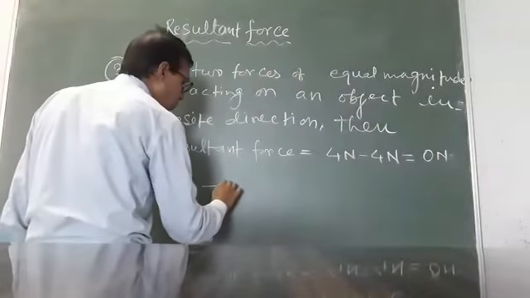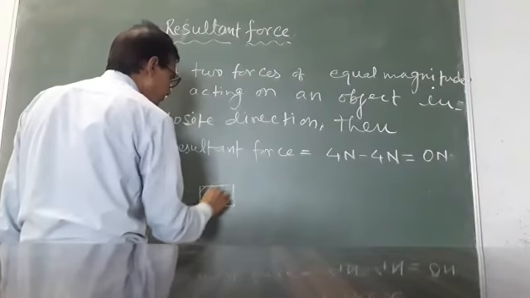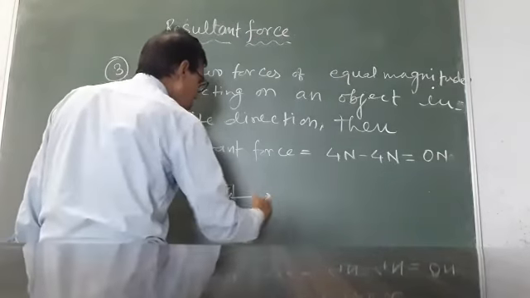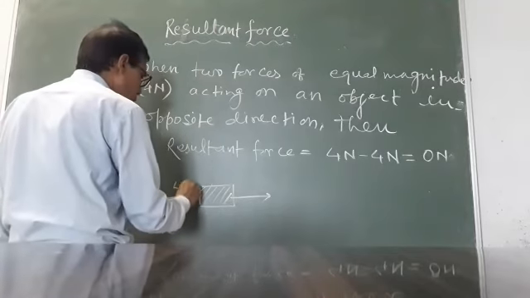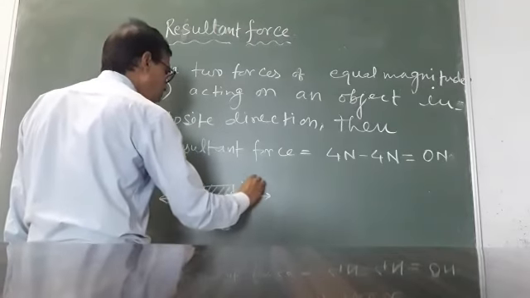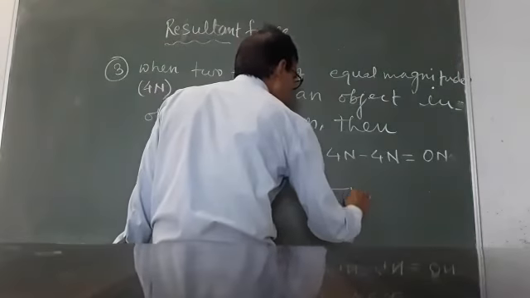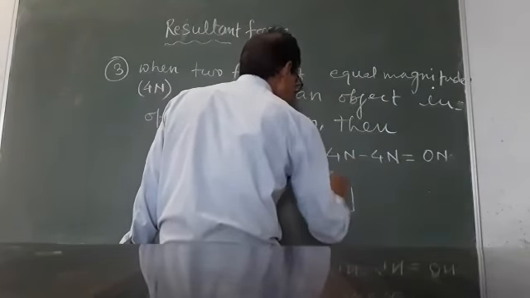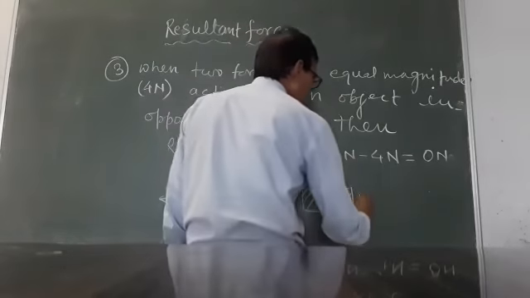So here you can show by the figure also. This is the object. Two forces act in the opposite direction, with the same magnitude but in opposite direction. So the resultant force is 0.